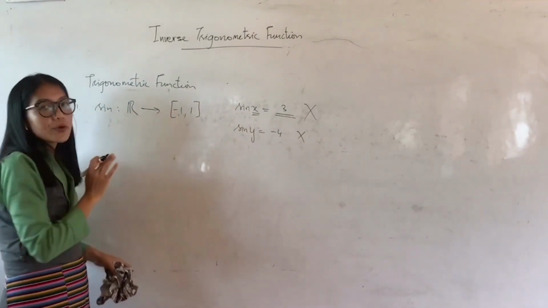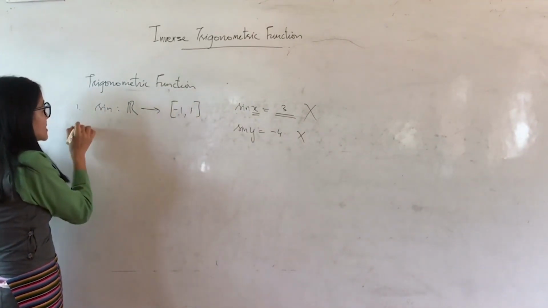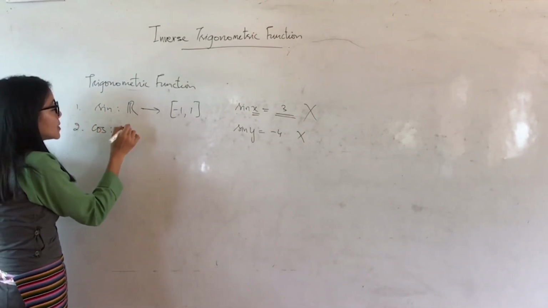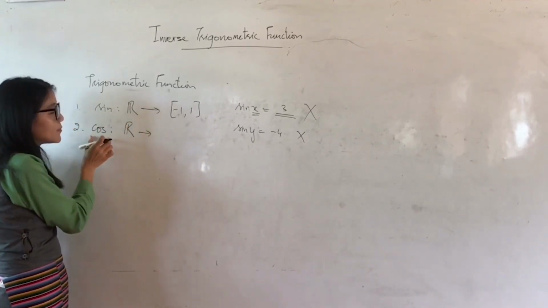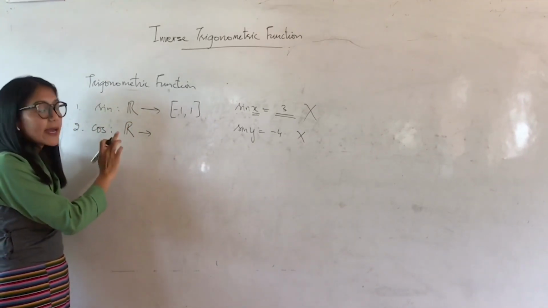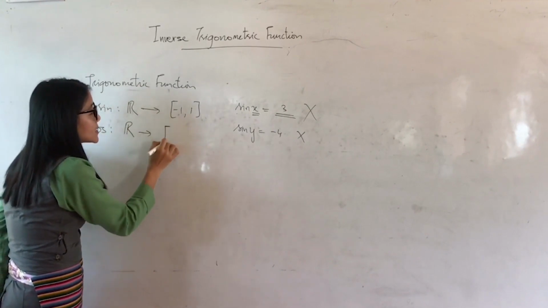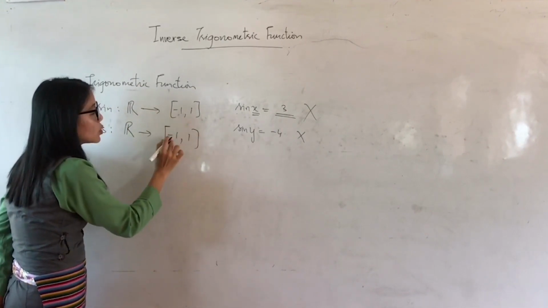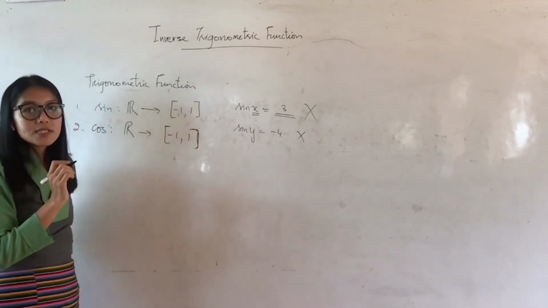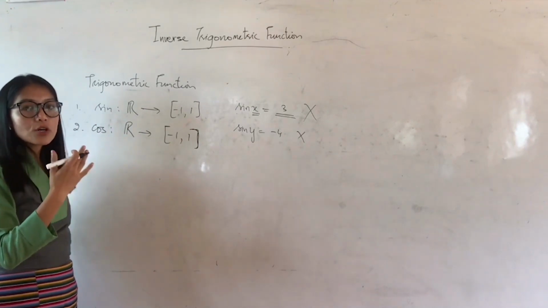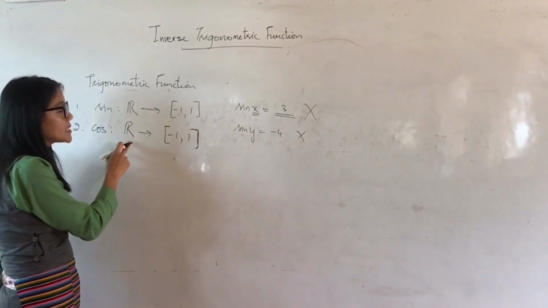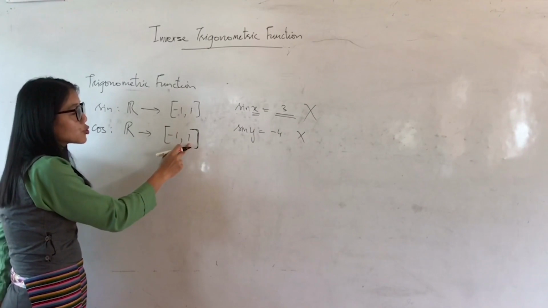So this is the domain and range of sine. Similarly for cos, the domain is the set of all real numbers. The function cos is defined for all real numbers and its range is also the closed interval -1 to +1.